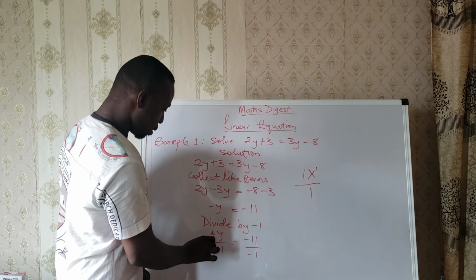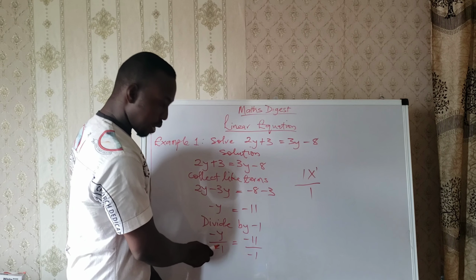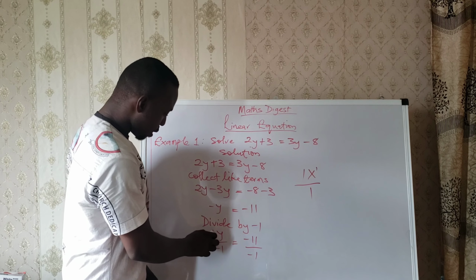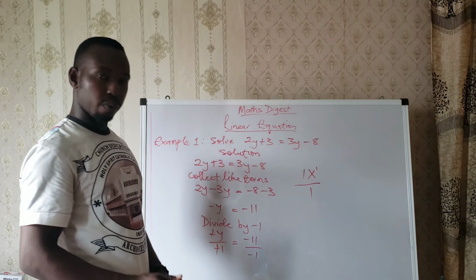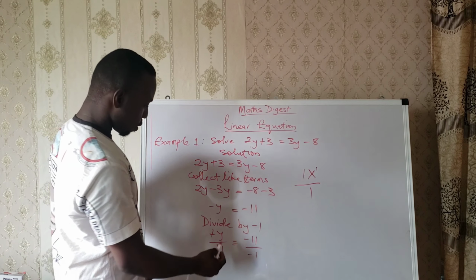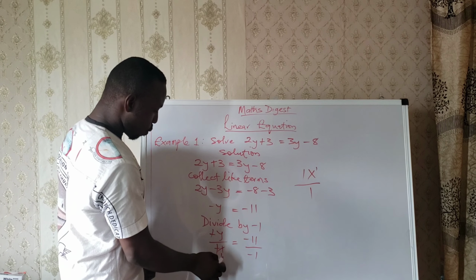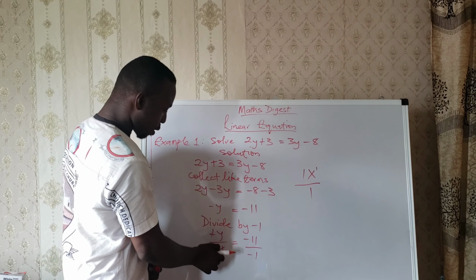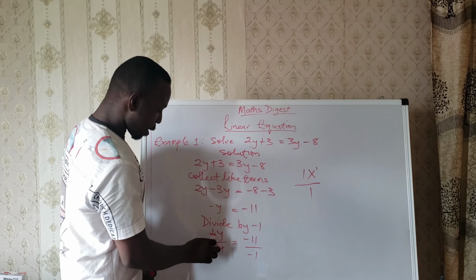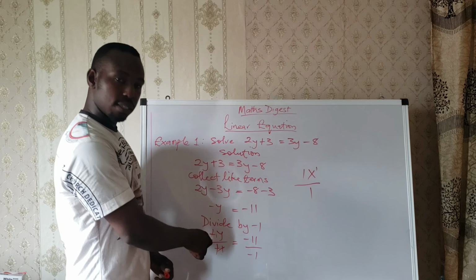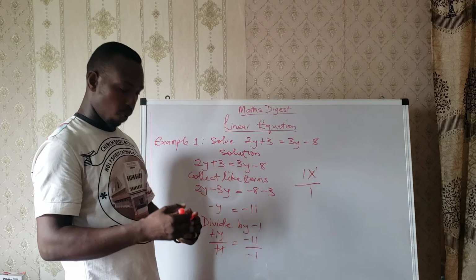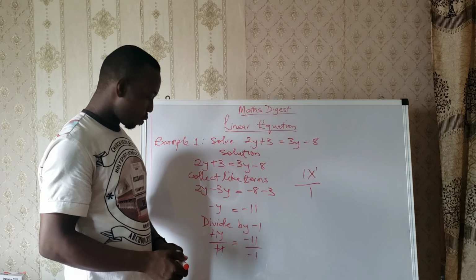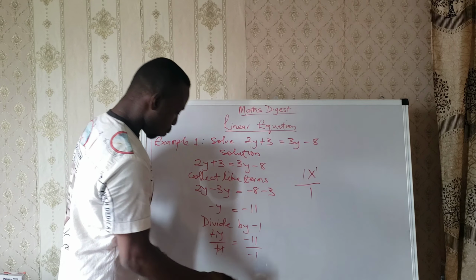Whenever you are dividing and you have a negative sign at the numerator side and a negative sign at the denominator side, they will cancel each other to positive. And here now, 1 will divide itself, or rather cancel itself off, and cancel this 1 that is existing as the coefficient of this y. Okay, so with that we have what? y.